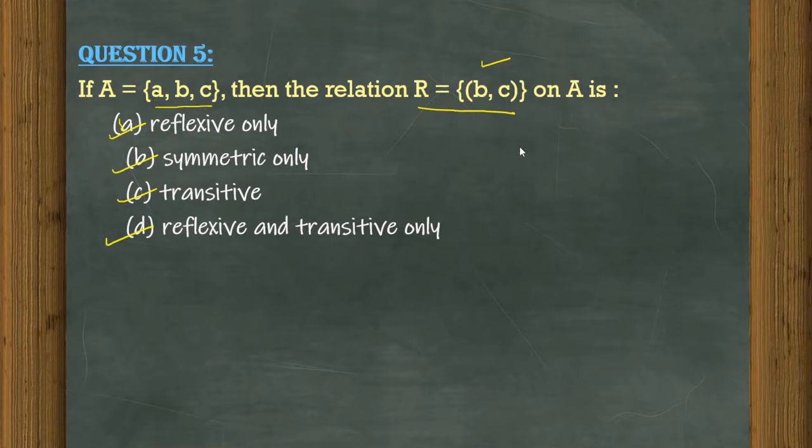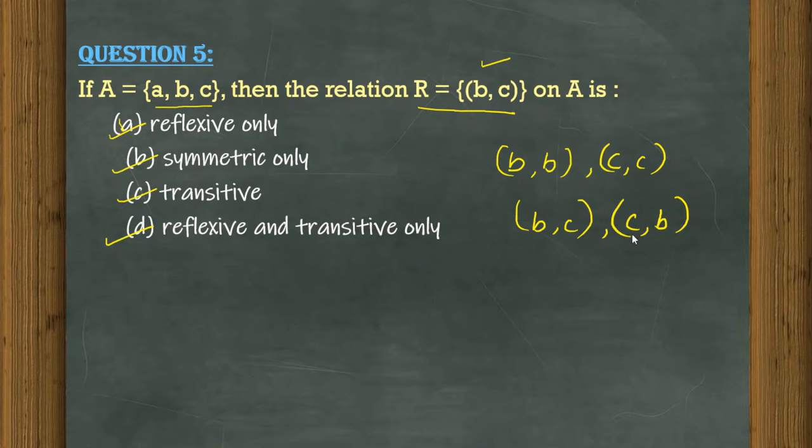Very clear. Because for reflexive, BB or CC should be there, but only BC is present. It is not reflexive. It is also not symmetric because BC is present, but CB is not present, so not symmetric.